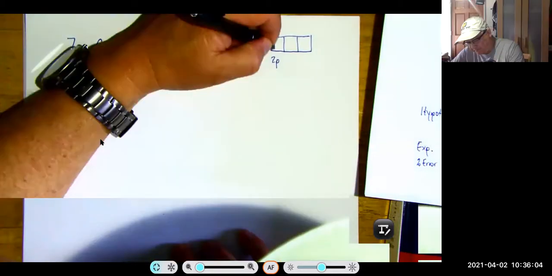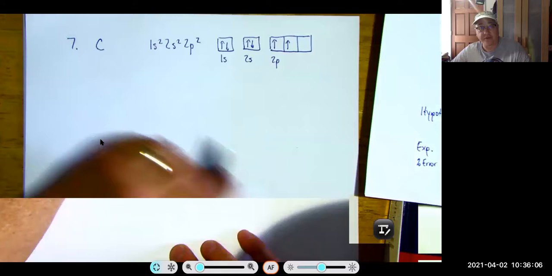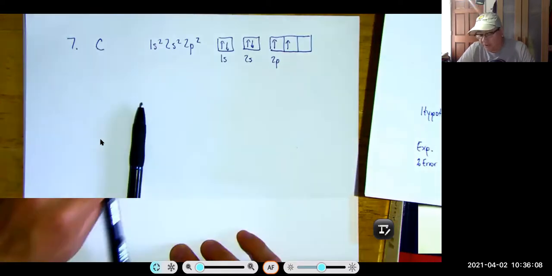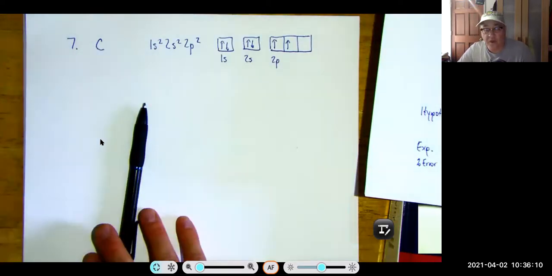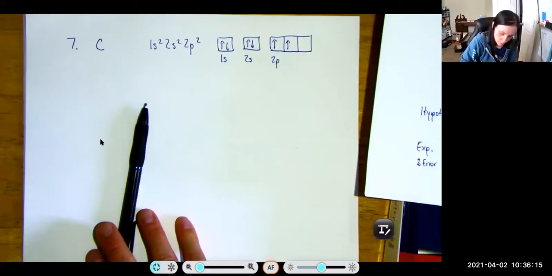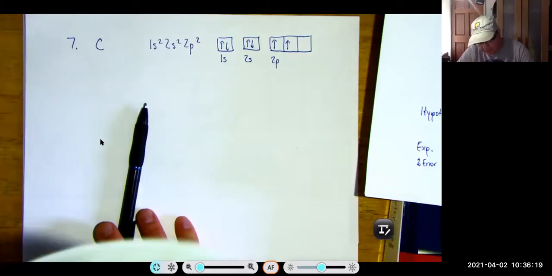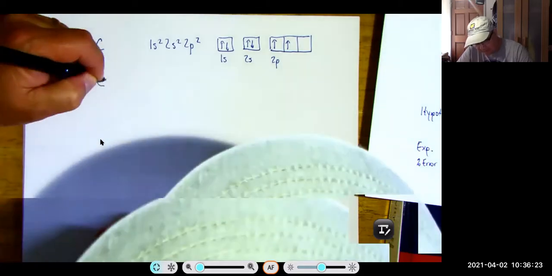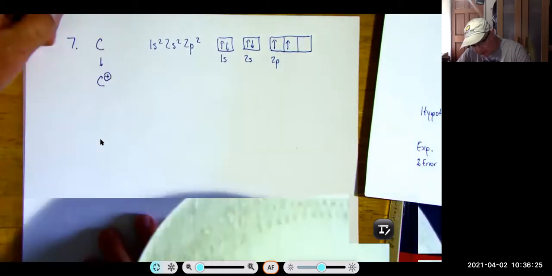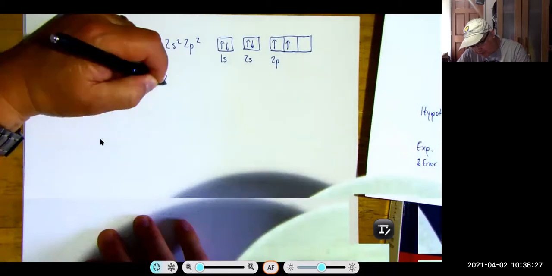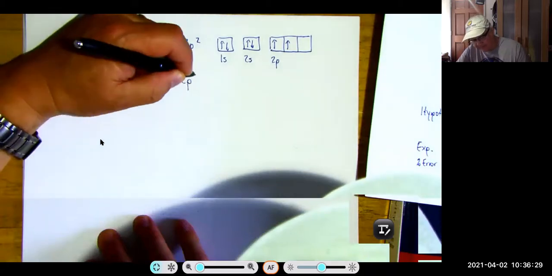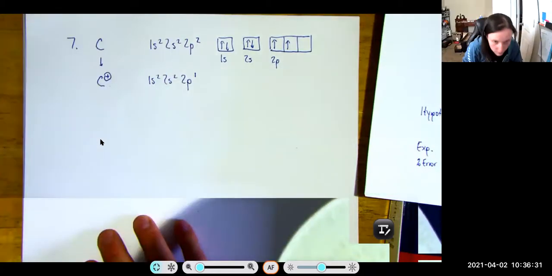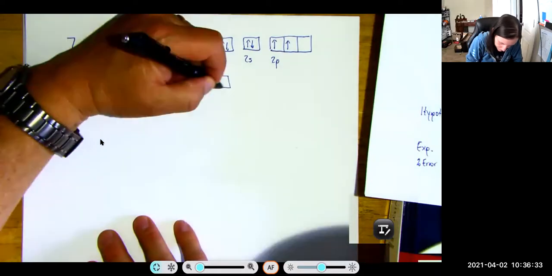One up in 2 orbitals, because, according to Hund's rule, you put 1 in each orbital before you pair them. Okay, so if we turn this into carbon plus 1, it's going to be 1s2, 2s2, 2p1, right? Yeah. So it's going to look like this.